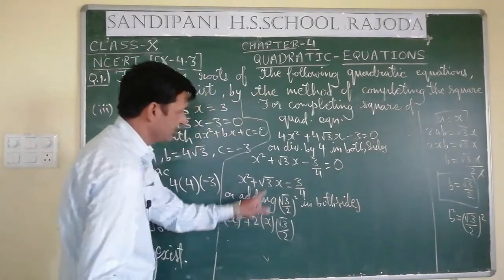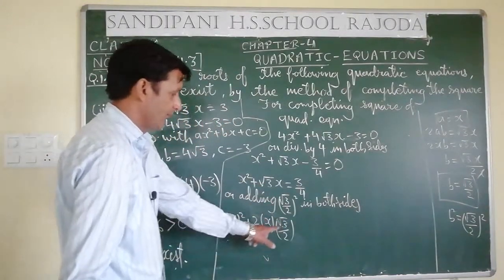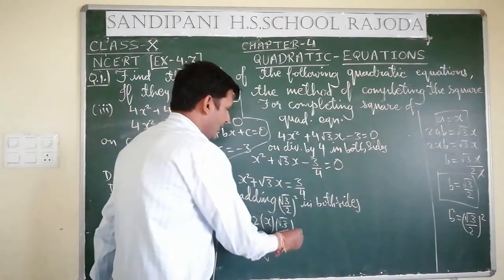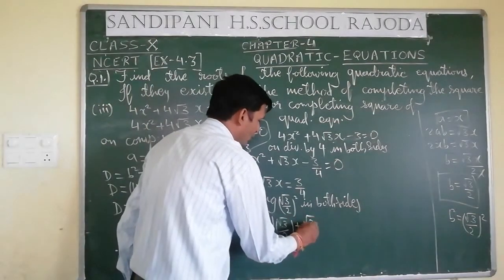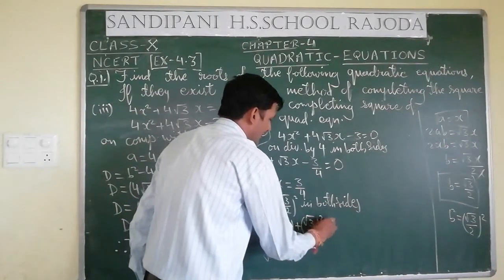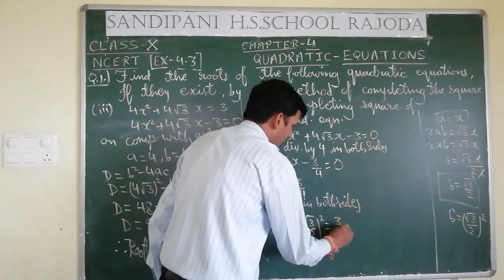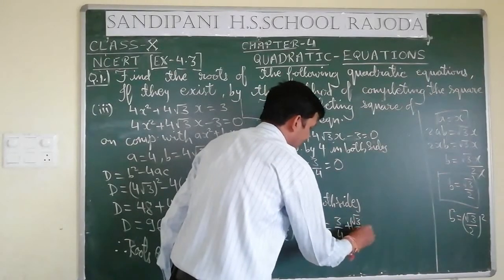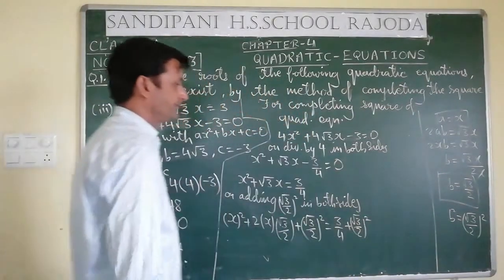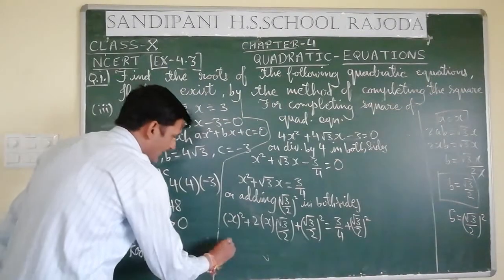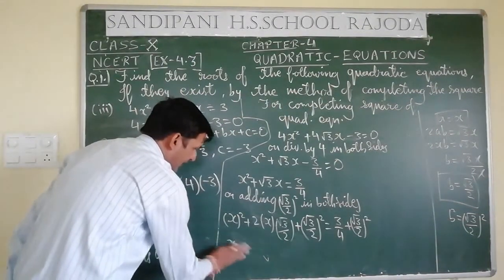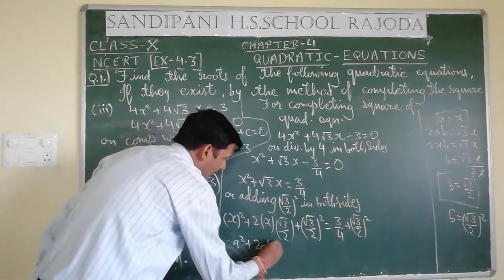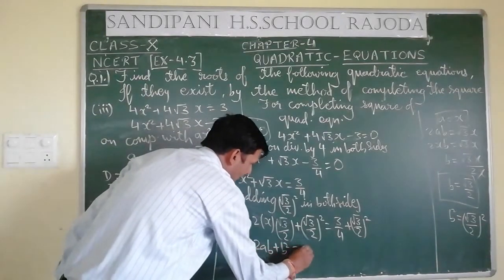This 2 will be cancelled, then it will be root 3x only. Why we are doing so? Because we want to make it complete square. Plus root 3 by 2 whole square is equal to 3 by 4 plus root 3 by 2 whole square. So it will be a square plus 2ab plus b square, that is equal to a plus b whole square.